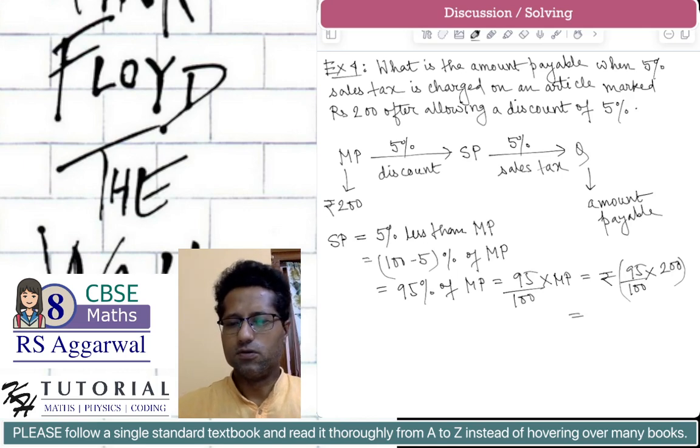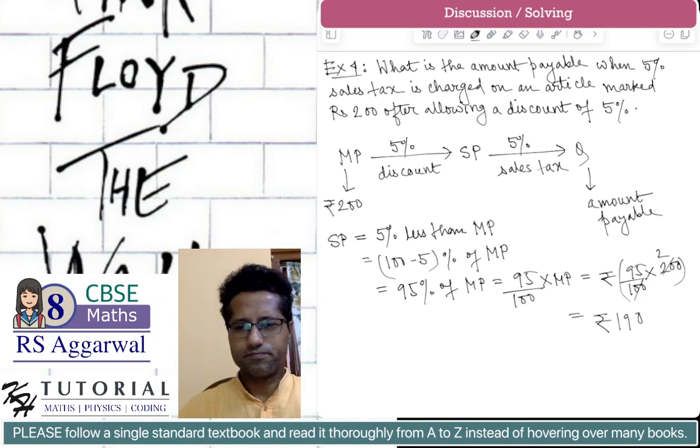So this is equal to, 100 cancels 200 with 2, rupees 190. So 190 is the selling price of the article, which is based on the 5% discount given on the mark price of rupees 200.